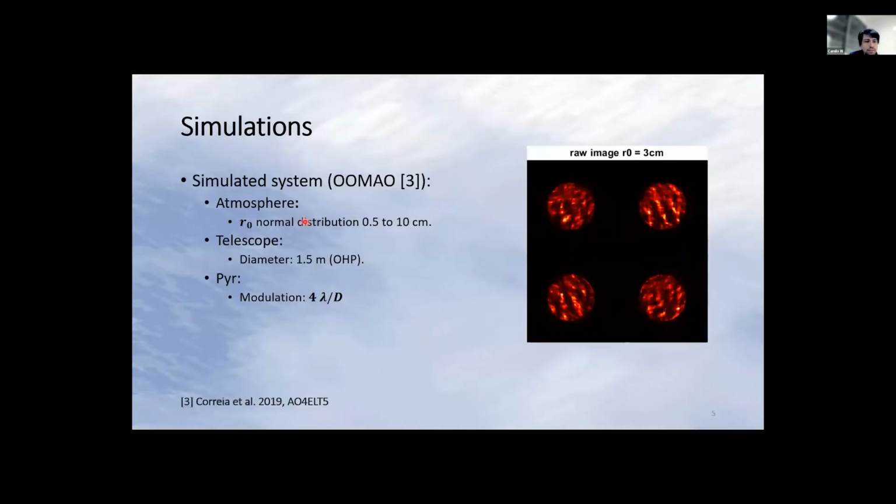Well, about the simulation, we simulate the system using OOMAO. It's a MATLAB toolbox, and for all the simulation, we consider an atmosphere where the r0 is a normal distribution between 0.5 and 7 centimeters, the telescope diameter is 1.5 meters, the OHP telescope, and the pyramid has a modulation of 4 lambda over d.